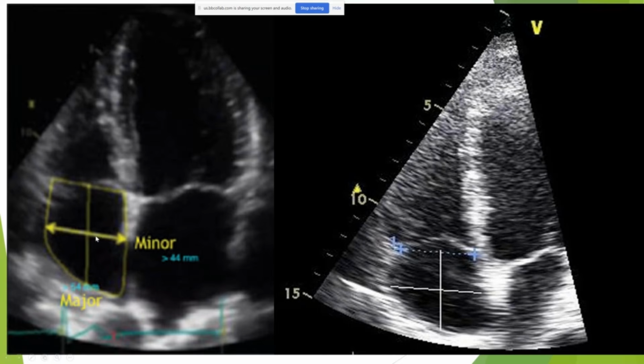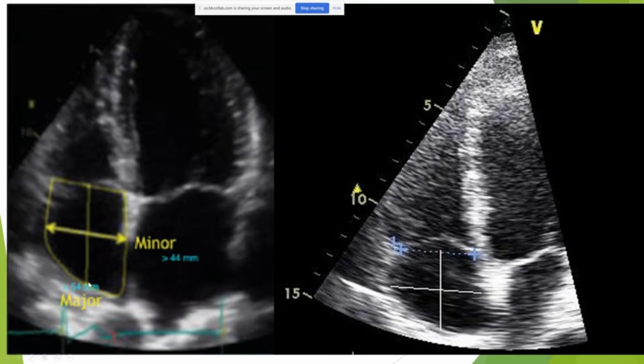Next, in the middle of the atrium, we're going to get an RA minor distance. We measure from the middle level, from the free wall, which is right here, to the interventricular septum. You want it to be perpendicular to the length that you just did.